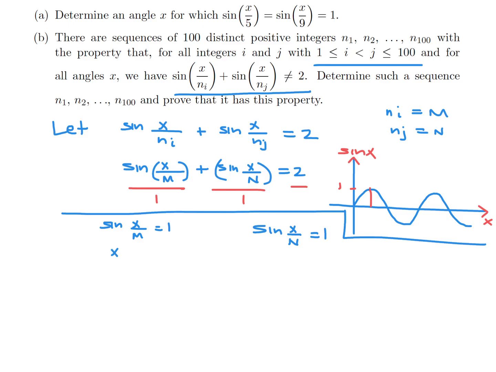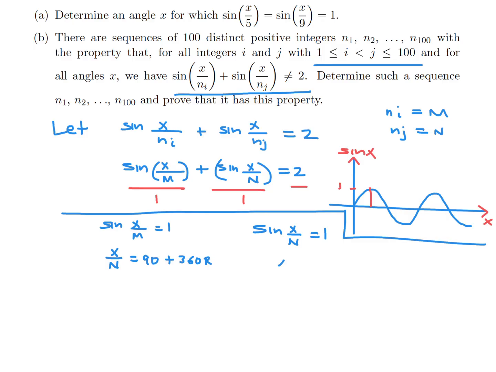So that means that x over m is 90, but it can be 90 plus any multiple of 360, as I had previously shown in the previous question. So I'll just call it r to represent how many multiples of 360.